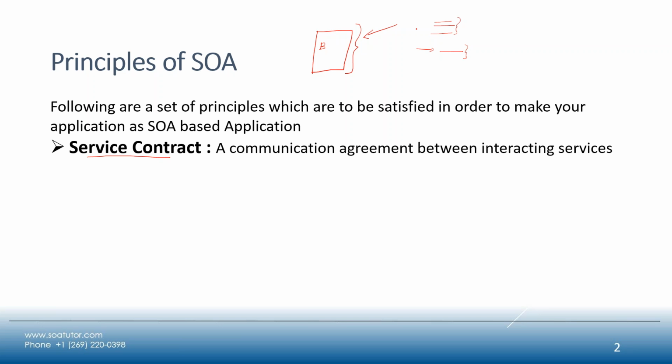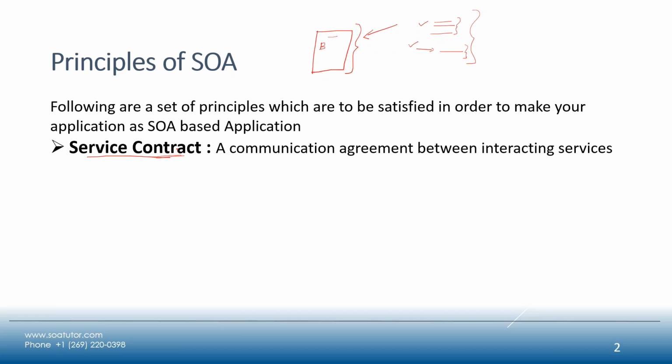A service contract will tell you what the inputs are and what you can expect, what the operation name is, and if there is any security, like a SAML token you need to pass, or a message protection policy for which you need to generate the key store, whatever it is. It tells you end-to-end details of a particular service. That's called service contract.